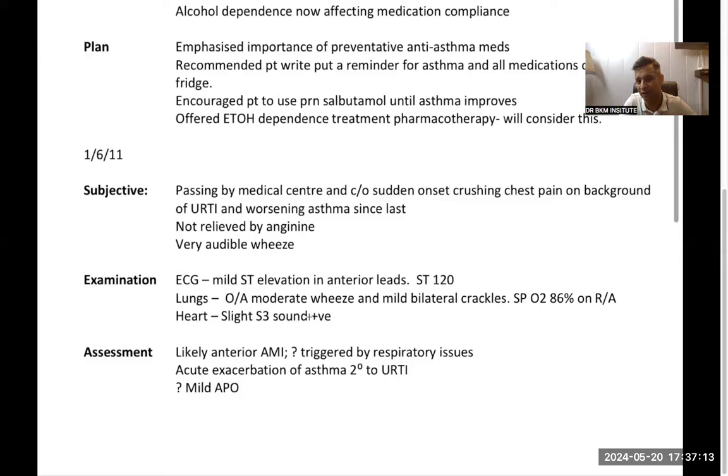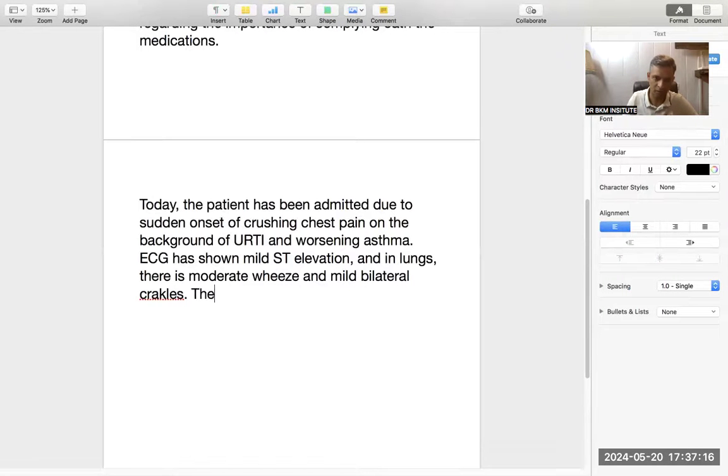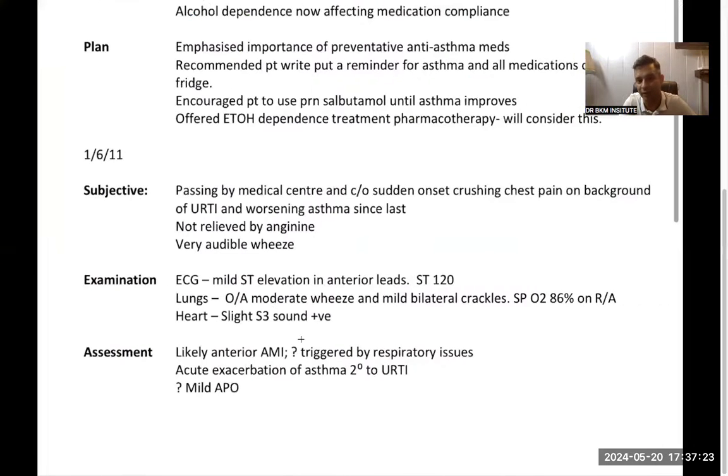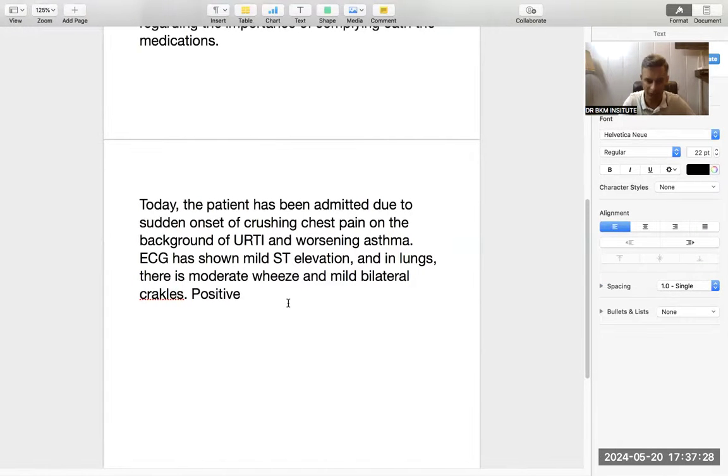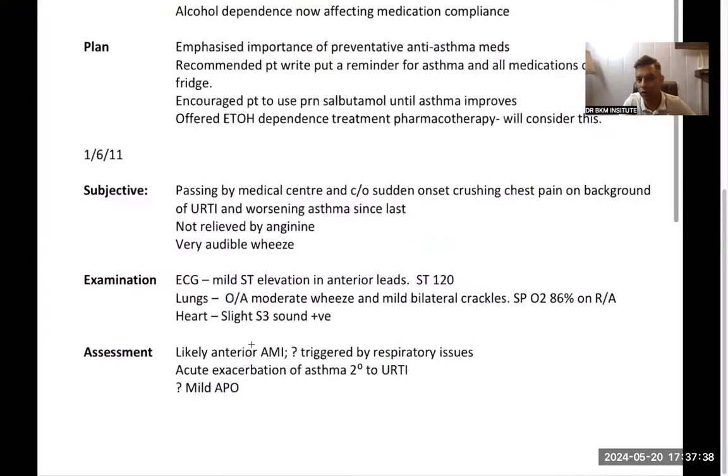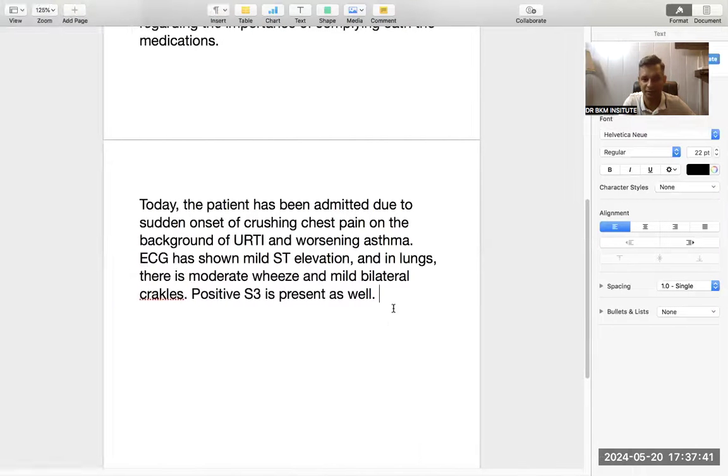Heart, slight S3 sound positive. Positive. So try to change your grammar all the time. Positive or a slight S3 sound. Okay. Positive S3 sound is present as well. So now on the basis of these signs and symptoms, otherwise I can write therefore, but I have already used therefore 2 times.